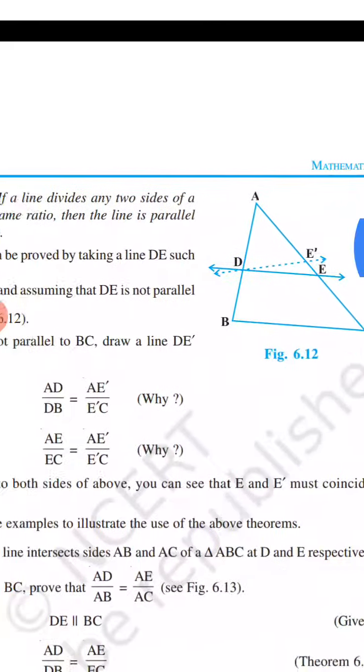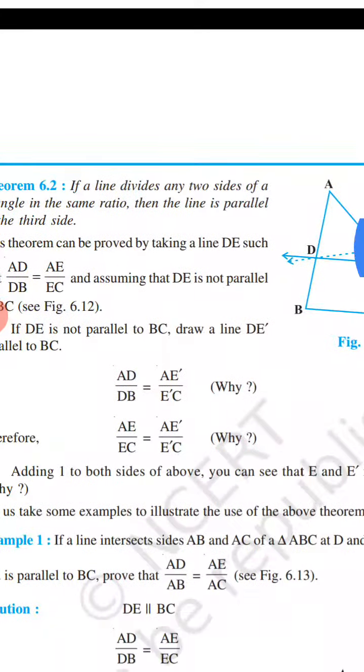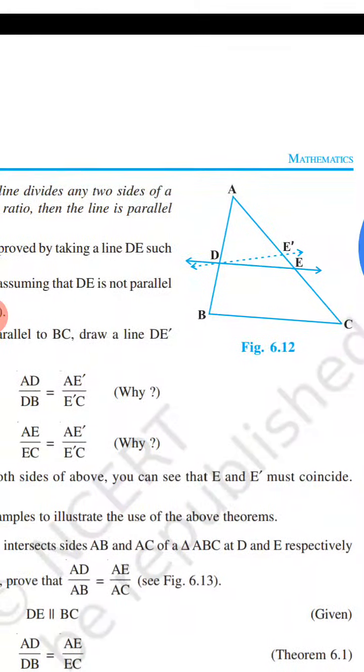Now, as we know from the basic proportionality theorem, if DE dash is parallel to BC, then AD by DB will be AE dash by E dash C.